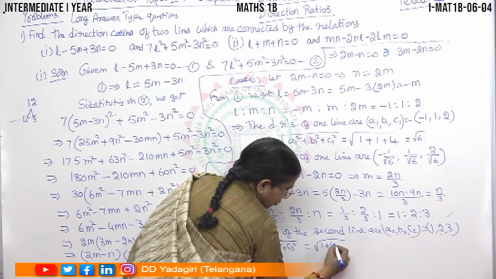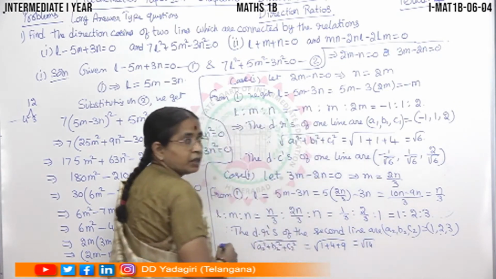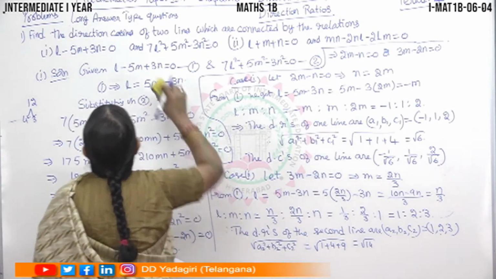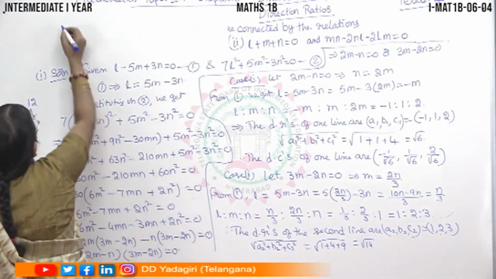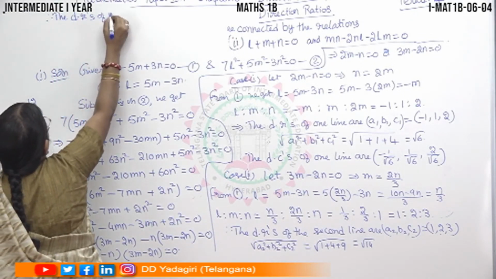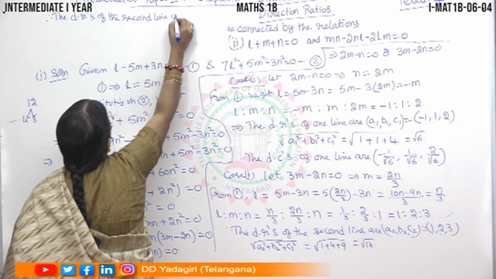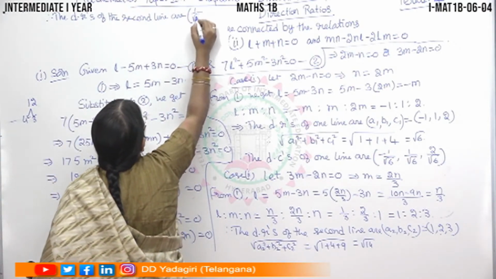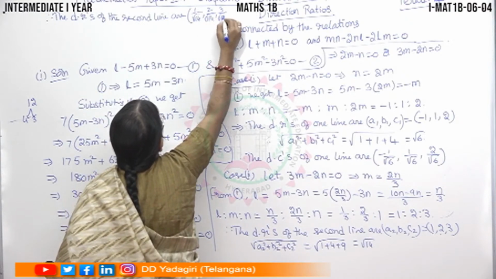So 1 plus 4 plus 9. So that is root 14. Therefore the DCs of the second line are 1 by root 14, 2 by root 14, 3 by root 14.